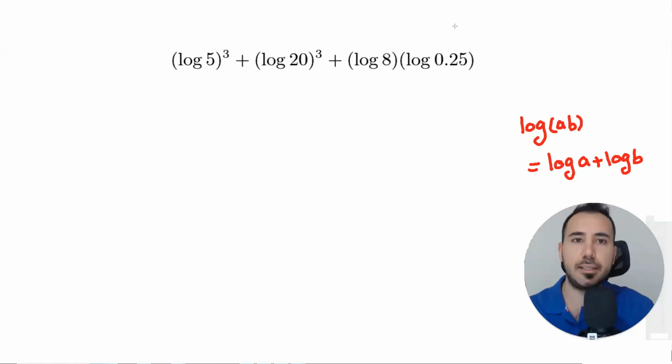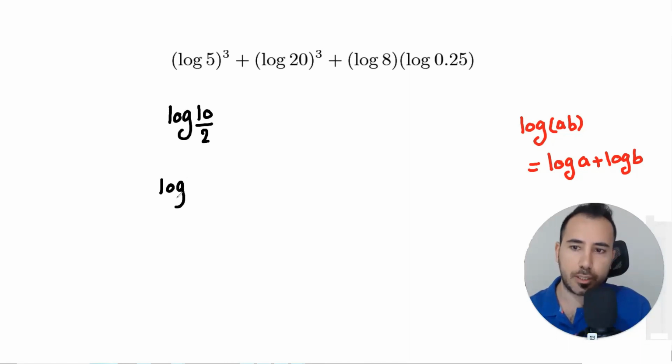But if you pay attention, we could write log 5 as log of 10 over 2, and we could write this as log 10 minus log 2. Because the base is 10, log 10 would be 1.